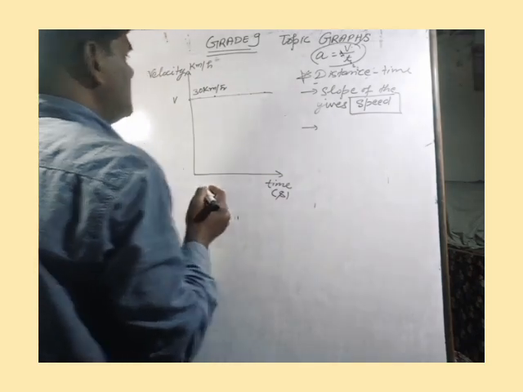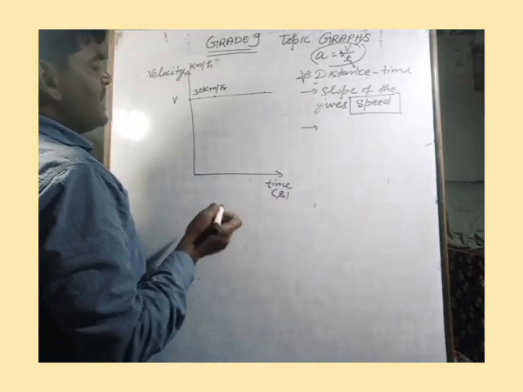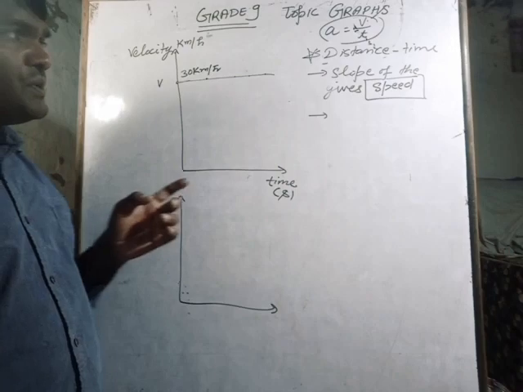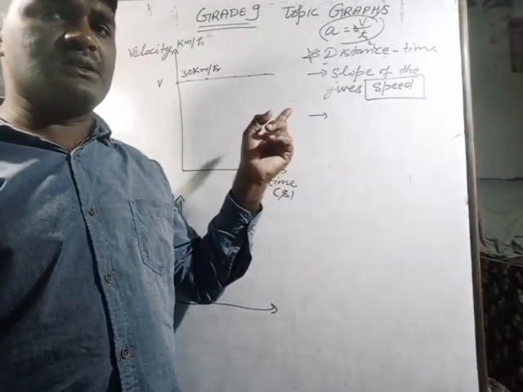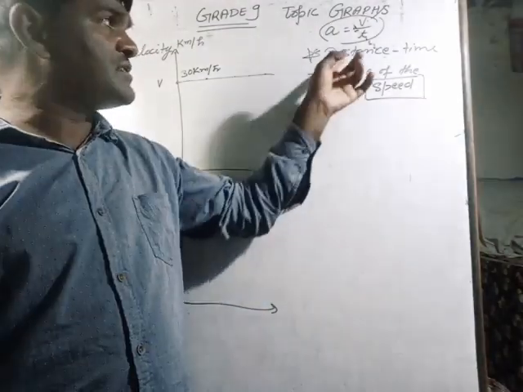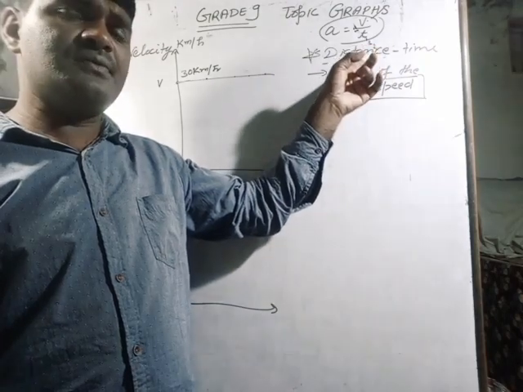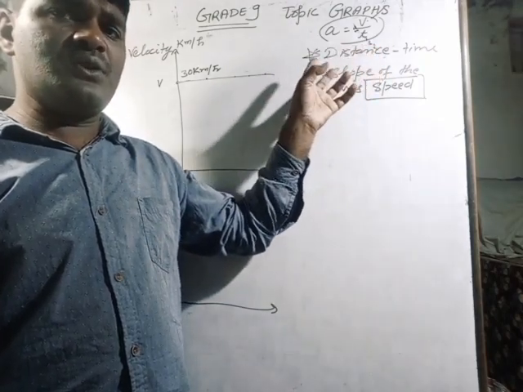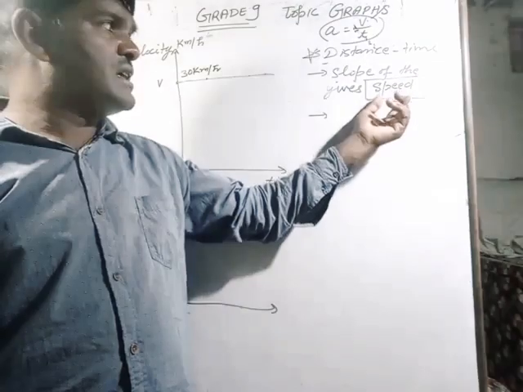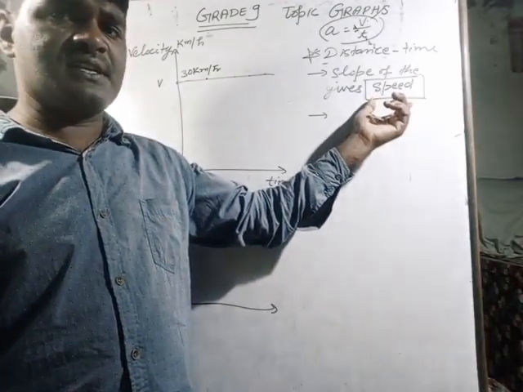Here, what may be the importance of velocity? Okay, dear student, we have learned in the previous topic or previous class that the slope of the distance time graph for uniform or non-uniform motion gives us the speed with which that object is moving.